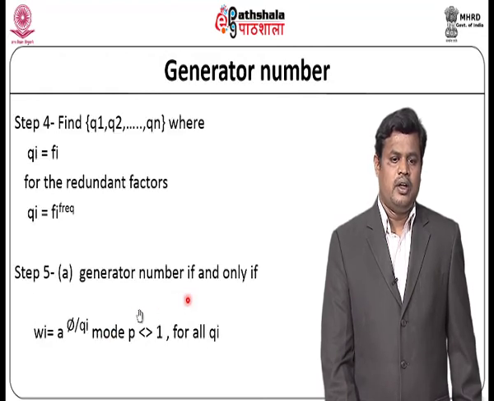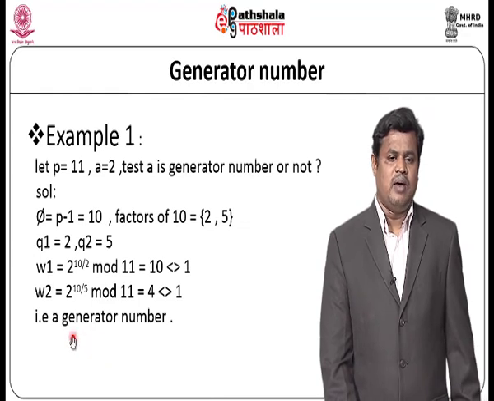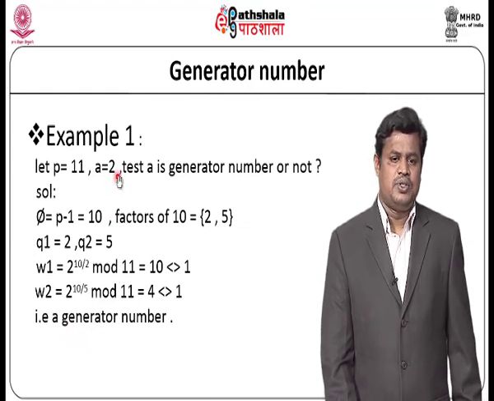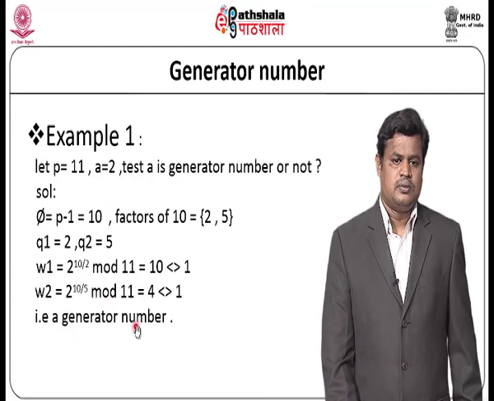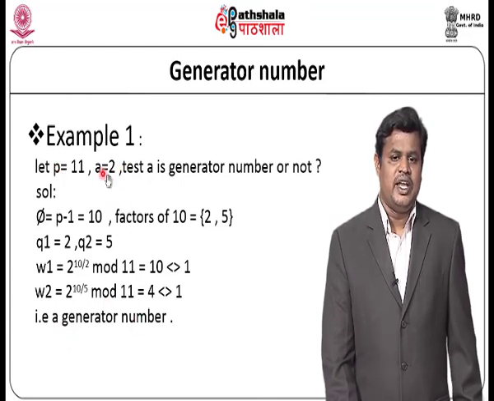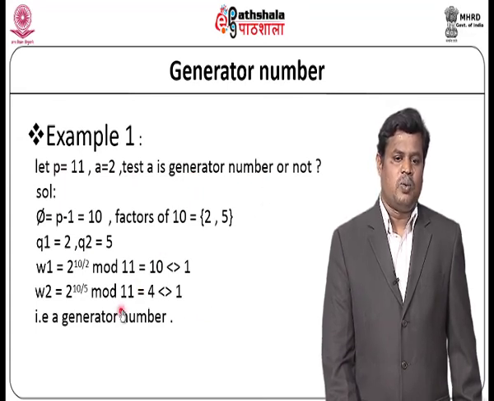According to the final step, when it is not equal to 1, we can say that the number a which I have chosen here is a generator. So a is equal to 2, when p is equal to 11, is a generator, because none of these is equal to 1.